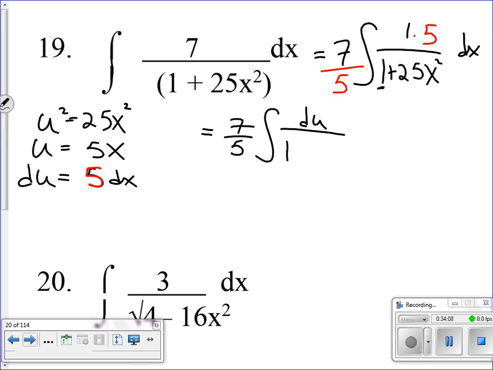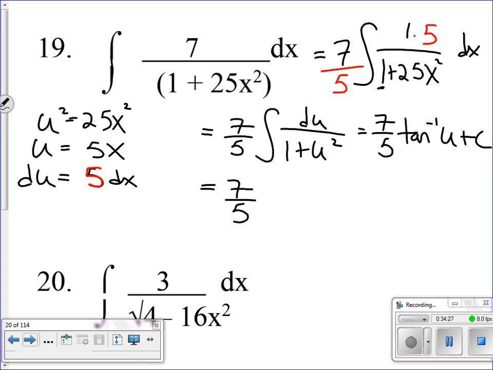The denominator is 1 plus u squared. So we rewrite the integral in terms of u and du. Then we actually get the antiderivative, which would be 7/5 inverse tan of u. Then you switch it back to x's, 7/5 times the inverse tan of 5x plus c.